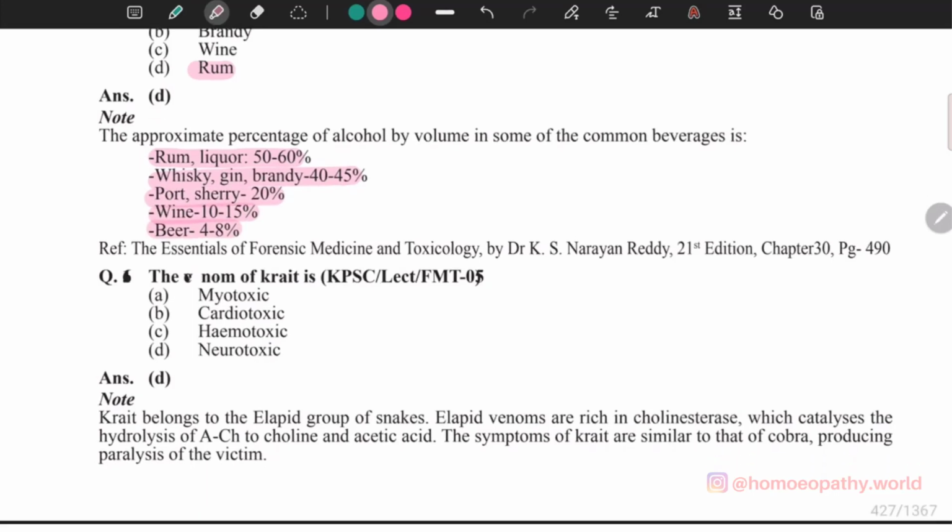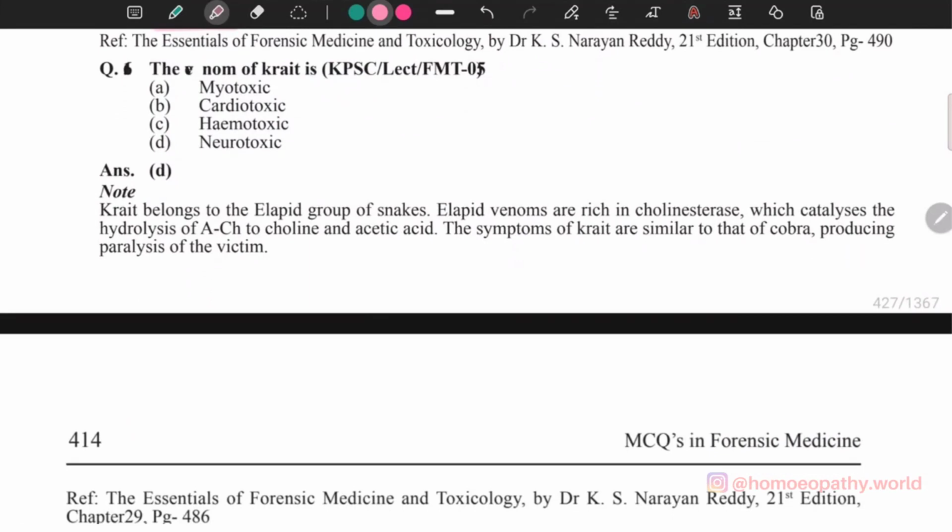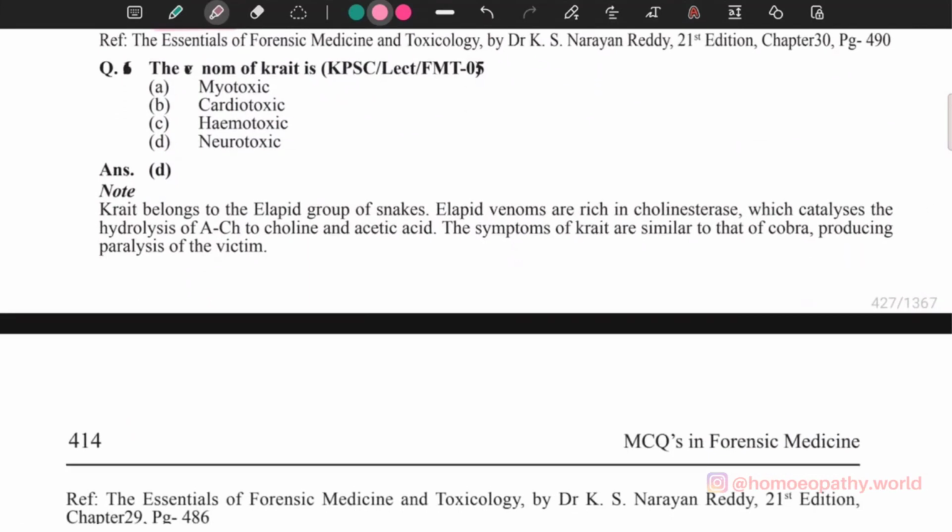Next question. The venom of krait is A. myotoxic, B. cardiotoxic, C. hemotoxic, and D. neurotoxic. So the answer is neurotoxic. Obviously, most of the venoms are neurotoxic. Next question.